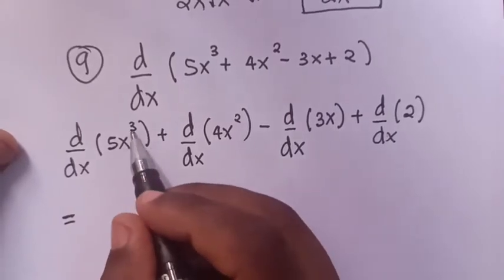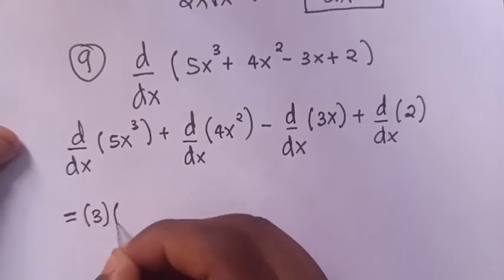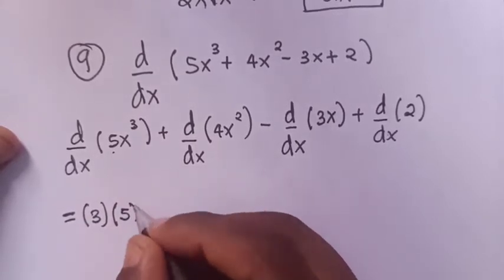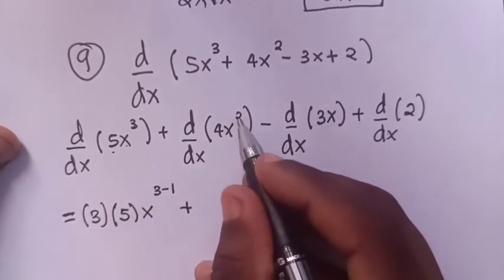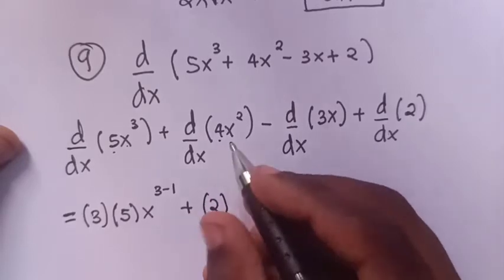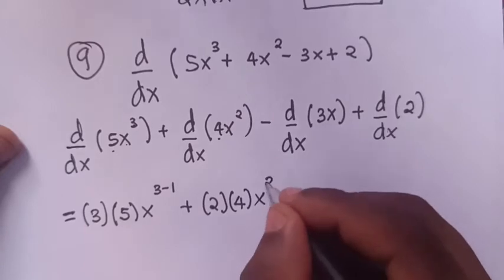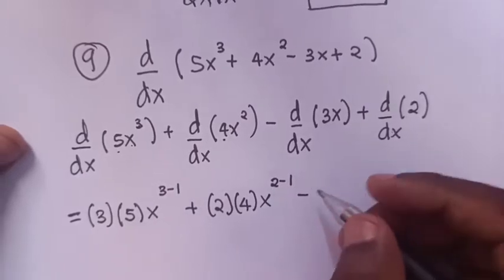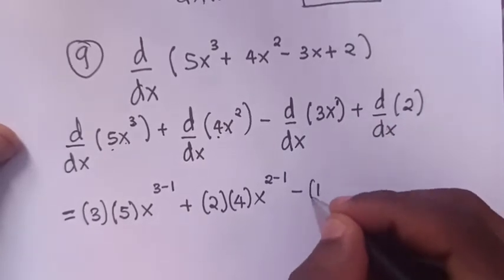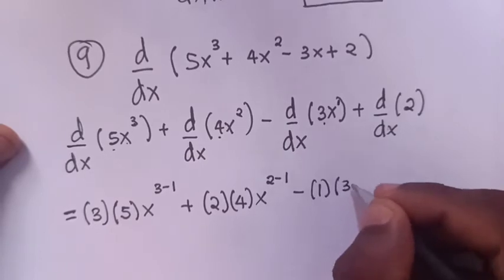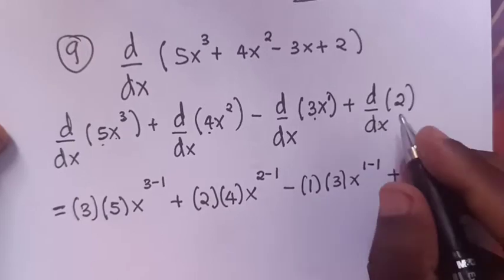Now here our exponent is 3 times our coefficient 5 times x power of 3 minus 1, plus our exponent is 2 times our coefficient, which is 4, times x power of 2 minus 1, minus our exponent is 1, so x is equal to x power 1, so it will be 1 times our coefficient 3, x power of 1 minus 1.